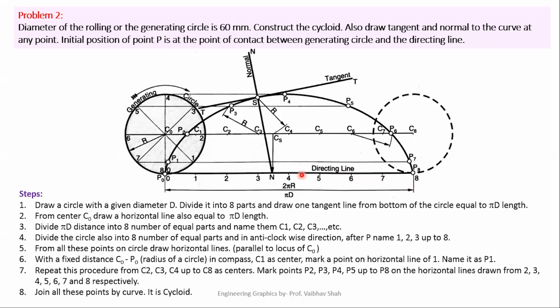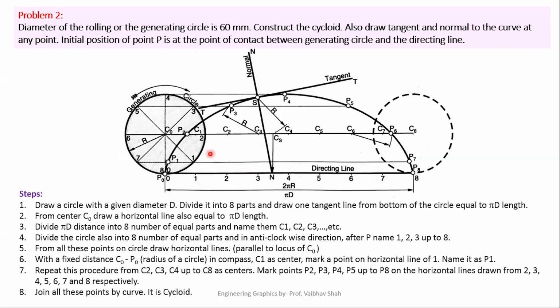Now, after that, very easy, we have to draw the center line from this point. Now, in this case, we have defined this center point as C0. In your example, you can either define this point by C0 or simply by point C. So now we have drawn the center line exactly parallel to this tangent line.